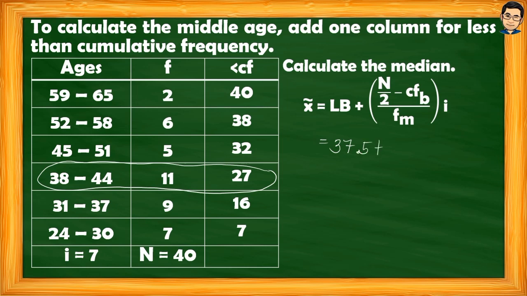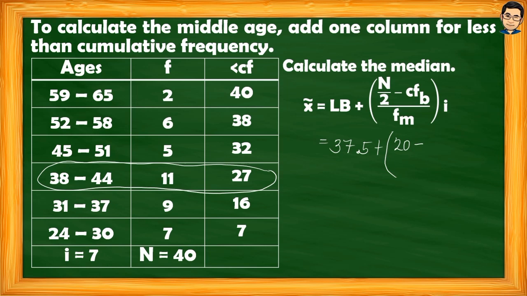Next, yung n over 2 natin na nakuha kanina is 20, di ba? Minus CF sub B. So, yung CF sub B na yan, that is the cumulative frequency before the median class. So, yung median class natin is 38 to 44 na may 27 na nakalagay sa kanyang less than cumulative frequency.